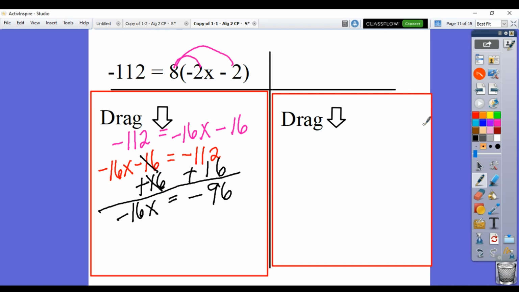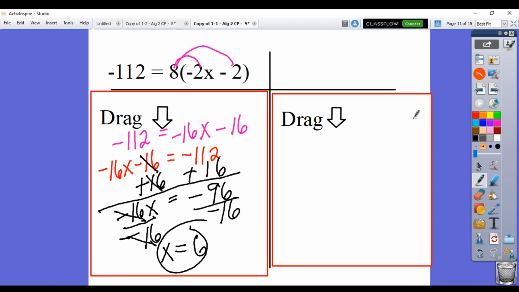And then from here, you're going to divide everything here by negative 16. Take note, this cancel out. Both of negative, so this was just going to be x. Negative divided by negative is going to be positive, and 96 divided by 16 is going to be 6. Okay, very simple, right?